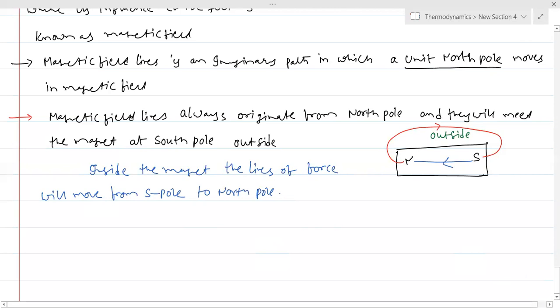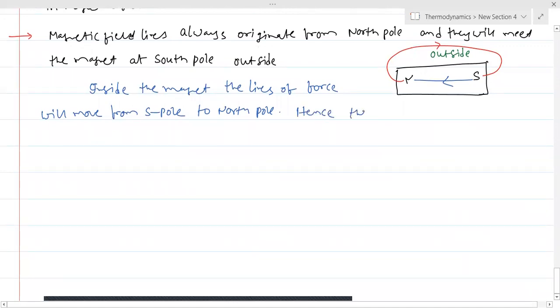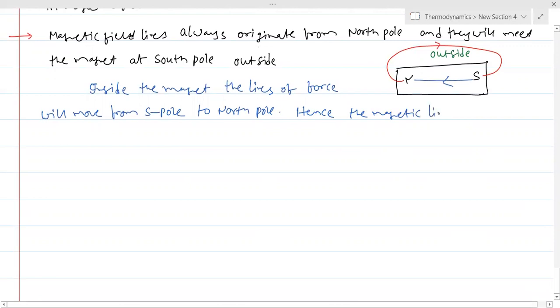So this is very important. So finally, what we are getting is, hence the magnetic lines of force will form closed curves.